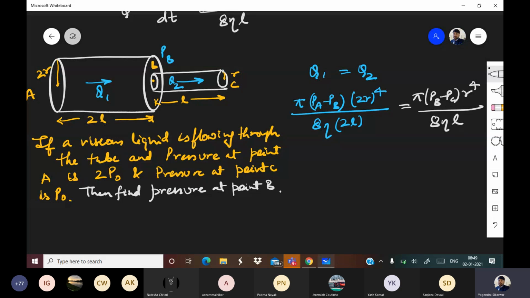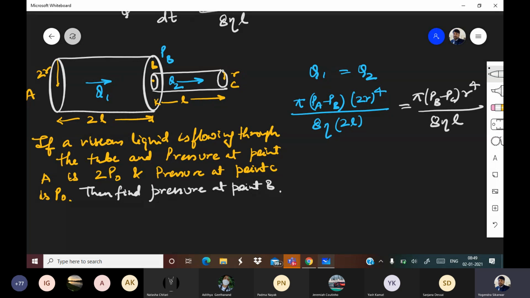Because this is the most crucial step in this question. So how is it PA minus PB? Because delta P is PA minus PB only, if you are applying between point A and B. Should it be PB minus PA, right?